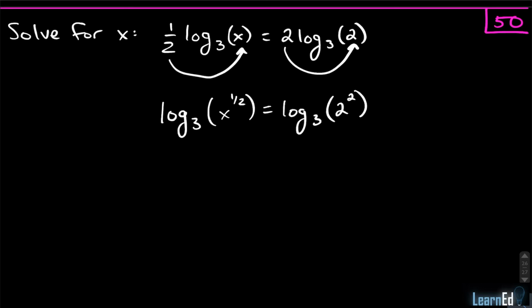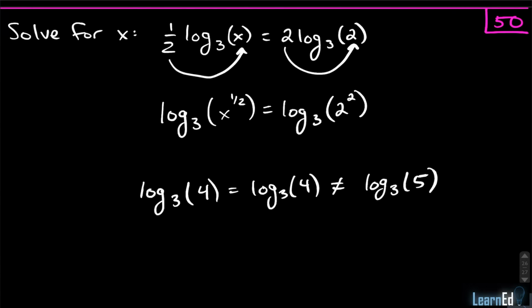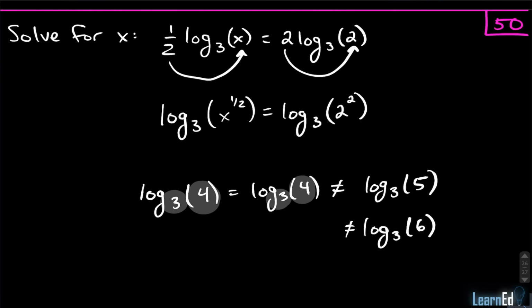We know that if you have log base 3 of, let's say, 4, it needs to be equal to the log base 3 of 4. It's not going to be equal to log base 3 of 5 or log base 3 of 6. What this is saying is that the arguments of this log, since it has the same base, the arguments which I've highlighted here, that's what they're called, the arguments in the parentheses, they need to be the same in order for this equation to make sense.